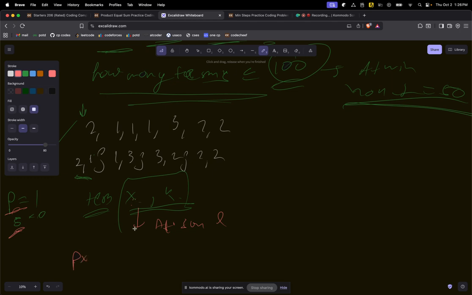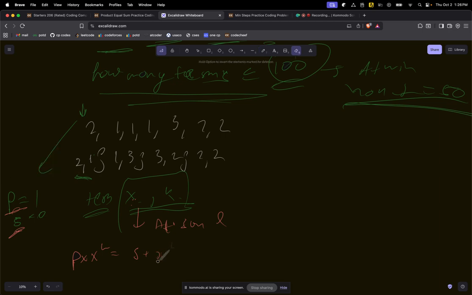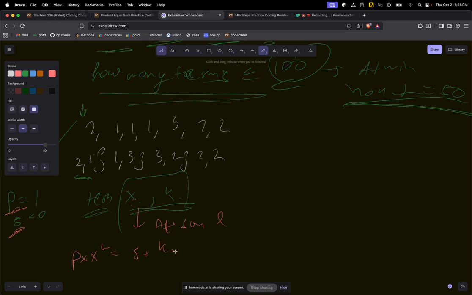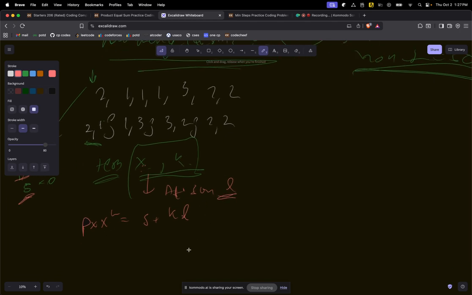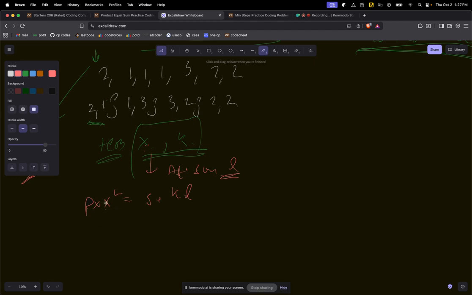Product will have x L times, so P into x^L has to be equal to sum plus k into L. So I'm picking x L times and I'm saying that at this point these two have to be equal. So P into x raised to the power L has to be sum plus k into L.